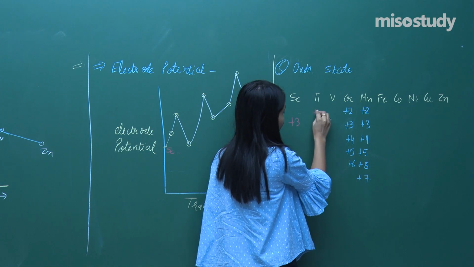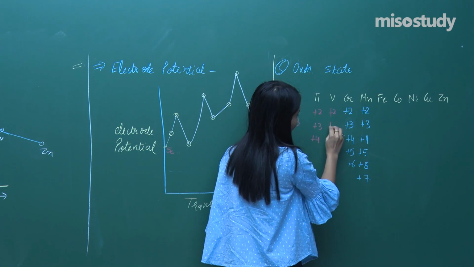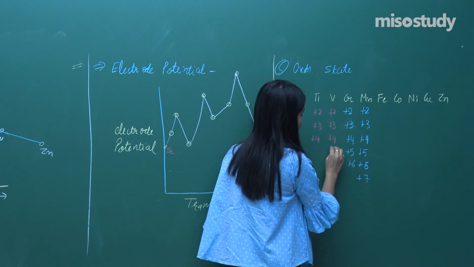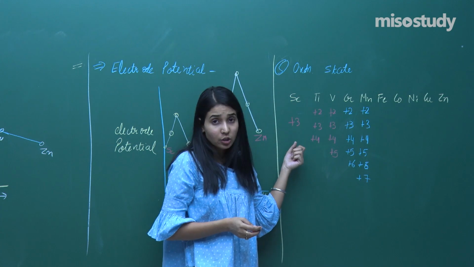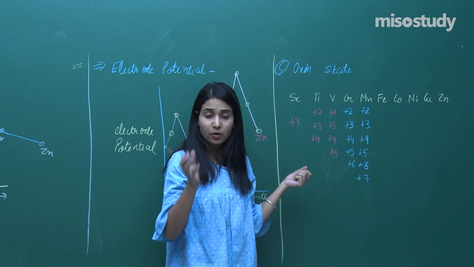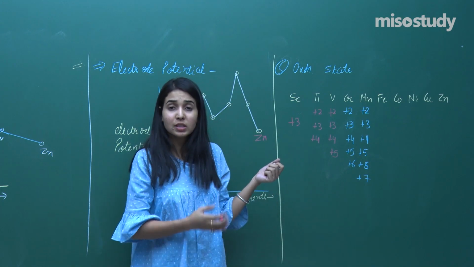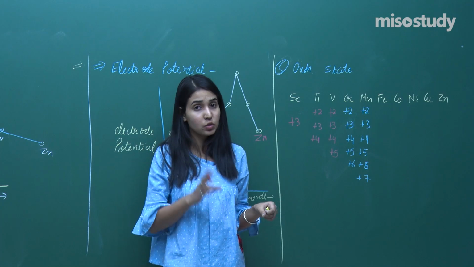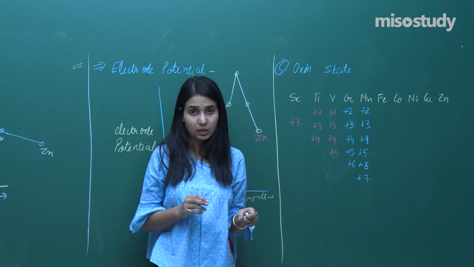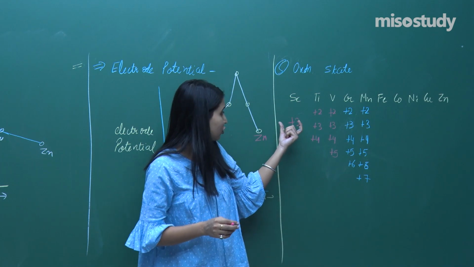Now these are the trend, they are going from 2, 3, 4. Initially I would just observe an increase in the value, right? Scandium exhibits only one oxidation state, and that is totally based on the fact that it has a small size and the maximum state which is exhibited is the total number of the electrons in its penultimate and outermost shell, that is my d orbital and my s. So it simply exhibits +3.